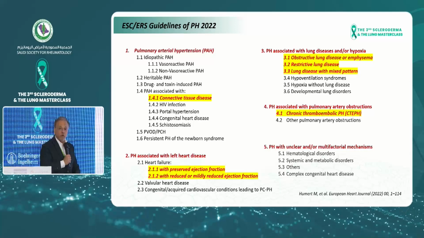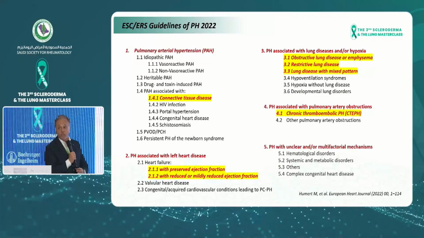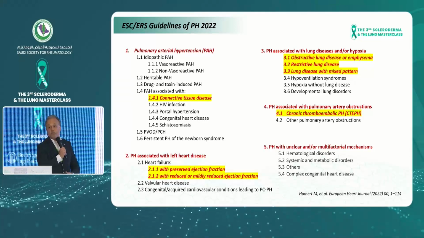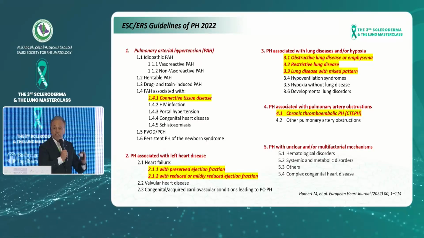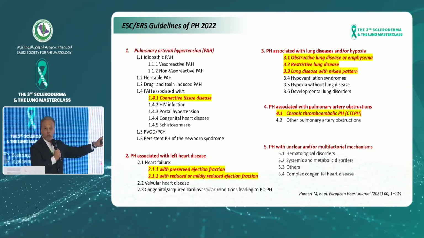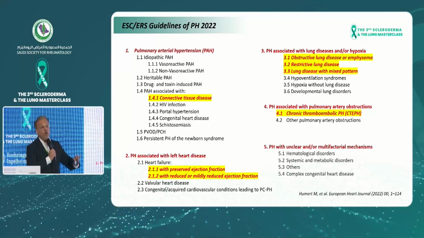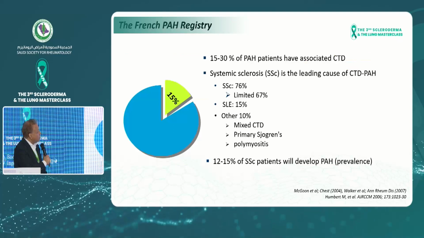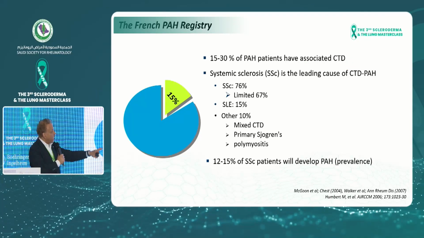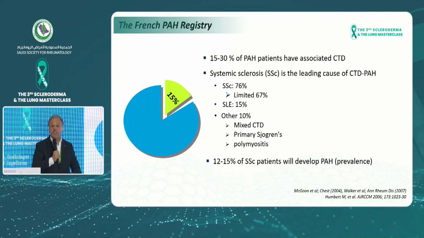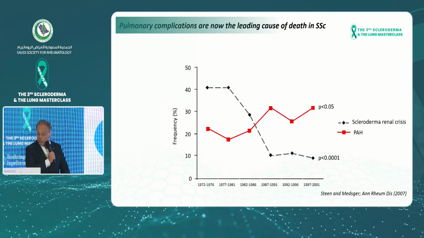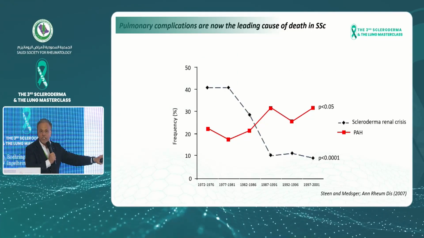So this is very important when we make a diagnosis of pulmonary hypertension with scleroderma. It's always important to figure out in which group, because we cannot go wrong there. We need to really classify the patients into the right groups in order to improve. You've seen that PH is not uncommon in scleroderma, and you know that.